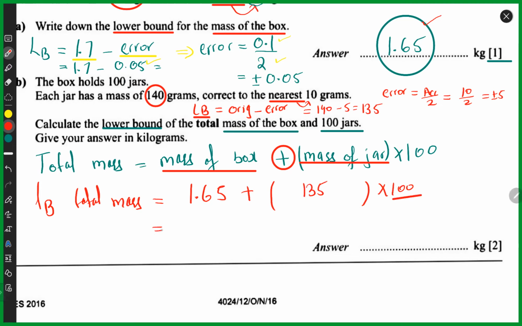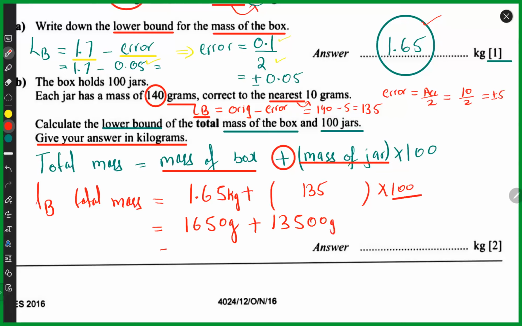And this is going to give me now a very, very important part. This thing is in kgs, and this thing is in grams. So a good idea is to write down everything in grams first, and then I'll convert the answer to kgs, because the examiner said give your answer in kgs. 1.65 kgs means 1650 grams plus 135. I have 2 zeros, so I'll be writing down the zeros here.